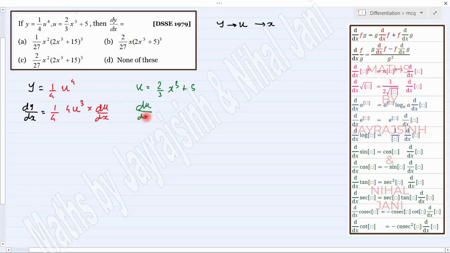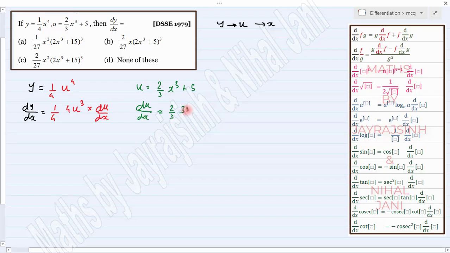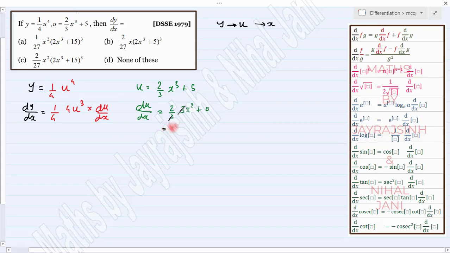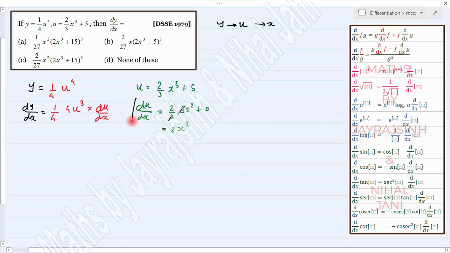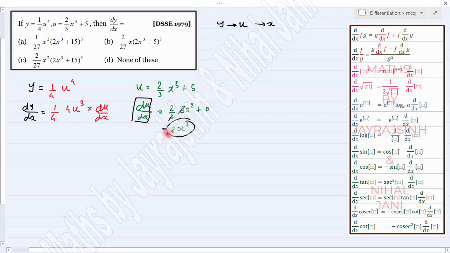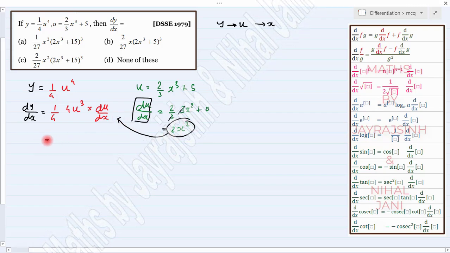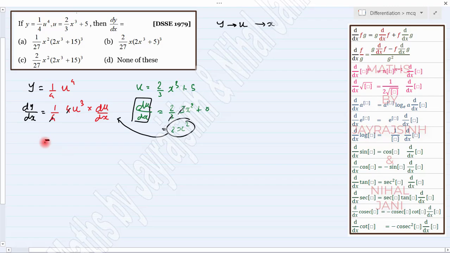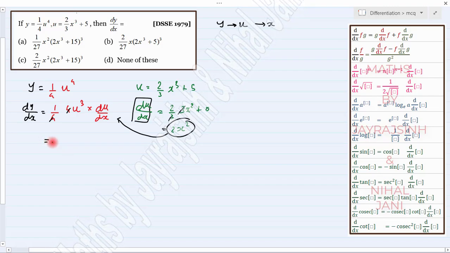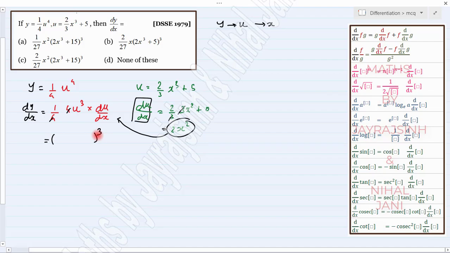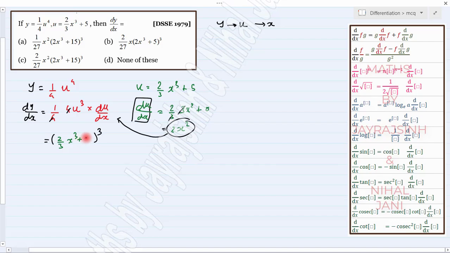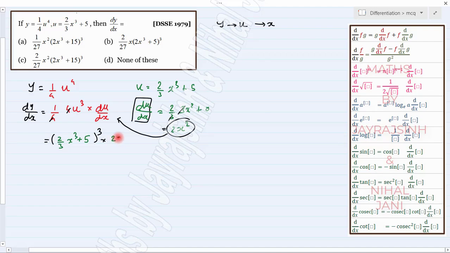Differentiate it with respect to x. So we will get du by dx is equal to 2 by 3. Differentiation of x cube will be 3x square plus 0. So this 3 will cancel out and we will get 2x square. So we get the value of du by dx. Just substitute it over here and we will get this 4 will cancel out and u cube, which is nothing but cube of your u, which is 2 by 3 x cube plus 5, into du by dx, which is simply 2x square.